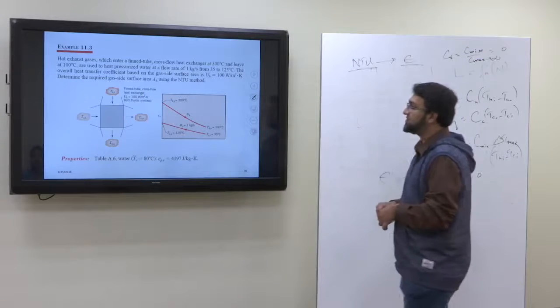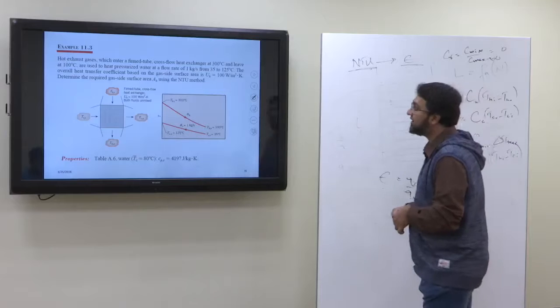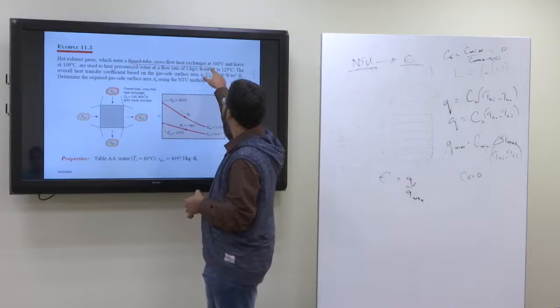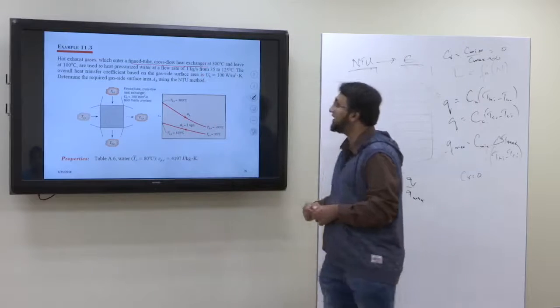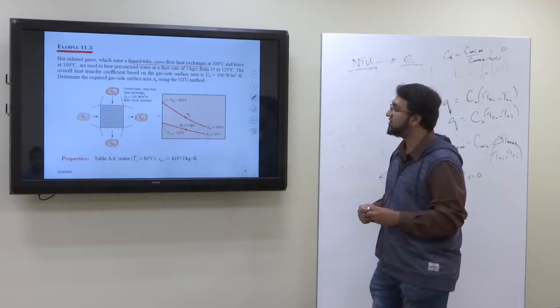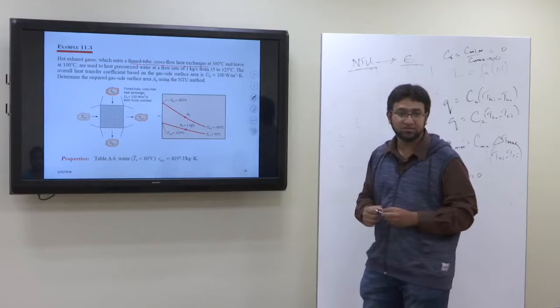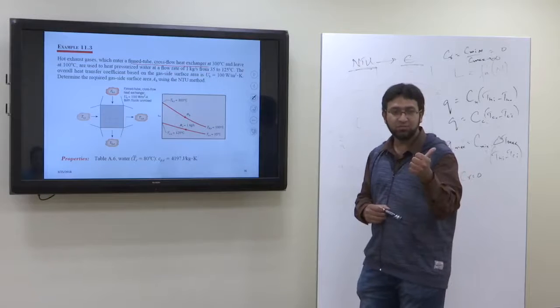Hot exhaust gases which enter a finned tube cross-flow heat exchanger at 300 degrees centigrade and leave at 100 degrees centigrade are used to heat pressurized water at a flow rate of 1 kg per second from 35 to 125 degrees centigrade. This is a design problem.